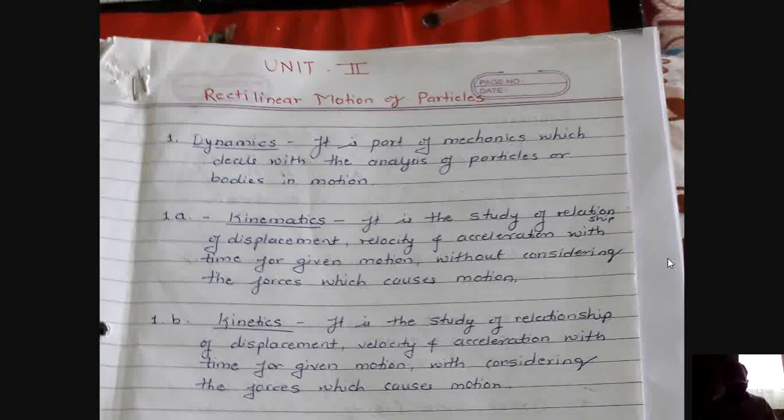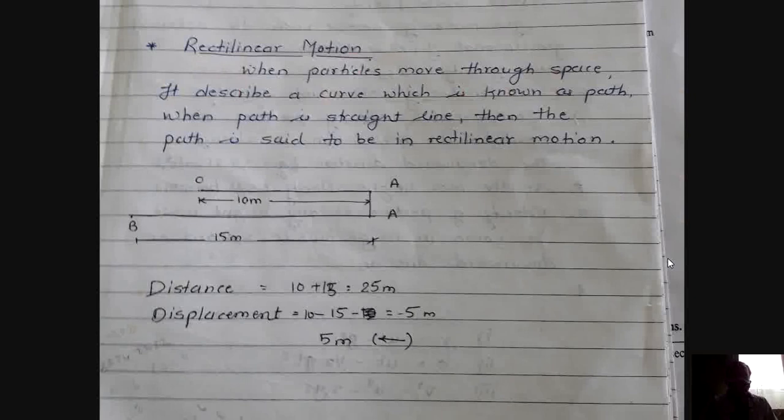And kinetics is the vice versa of kinematics. Here we find the relation between displacement, velocity, acceleration with respect to time for a given motion while considering the cause of motion, that is the forces acting on it. It is kinetics.